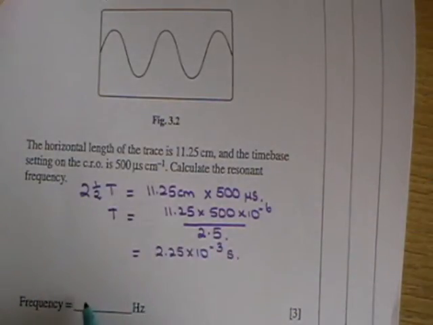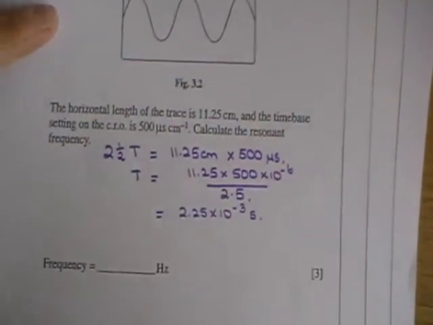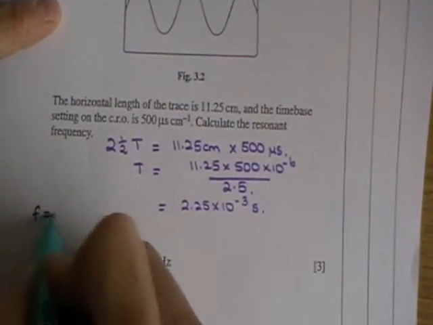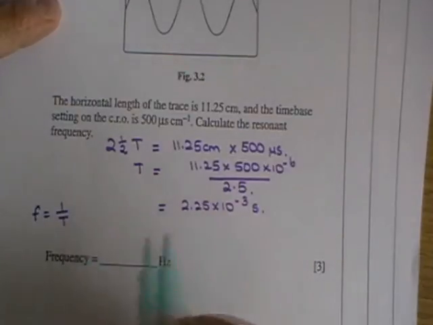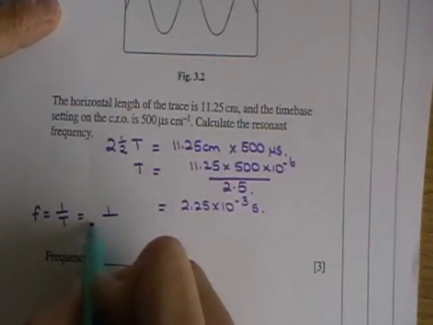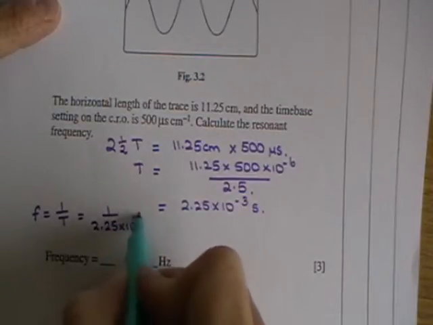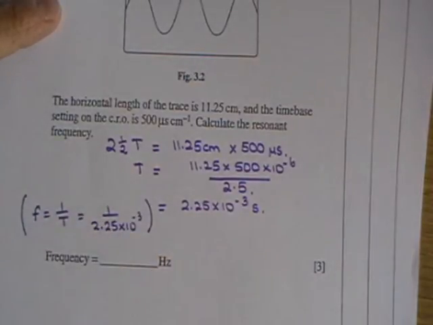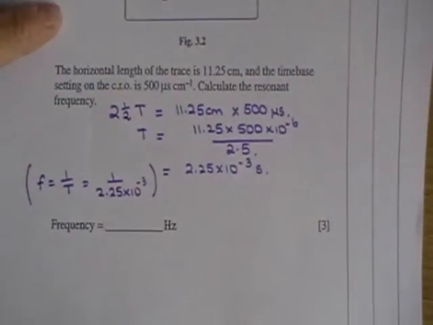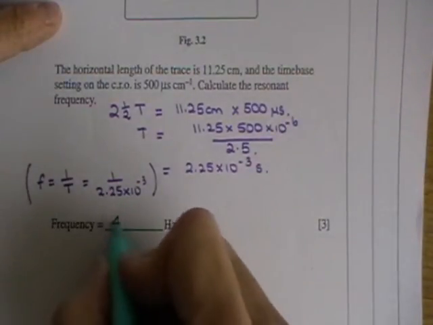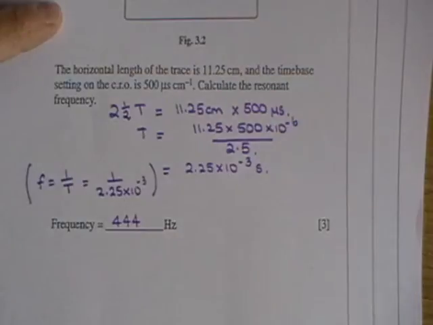But we have to get frequency, and if you remember, frequency is 1 over T, so it's 1 over this value here, 1 over 2.25 by 10 to the minus 3. Just put that in a bracket so that you're not getting it mixed up. And therefore the answer comes out as 444 hertz.